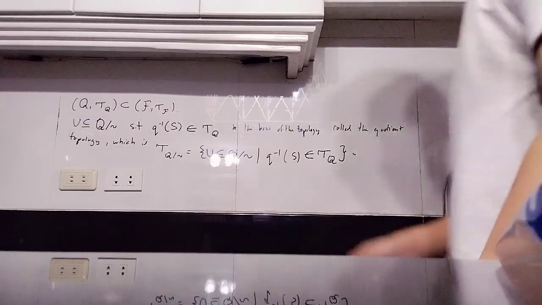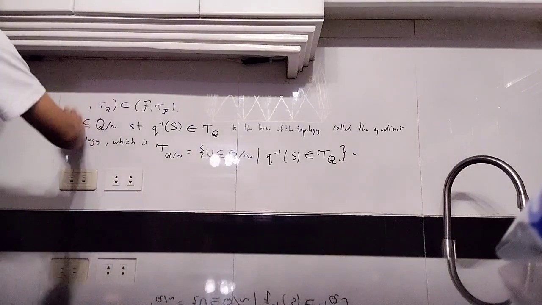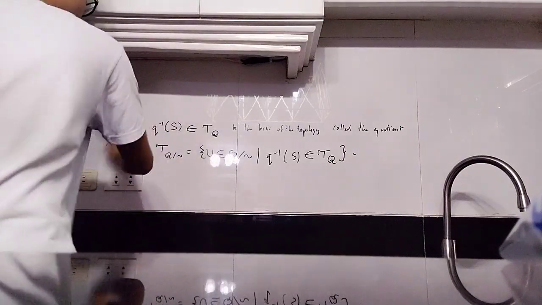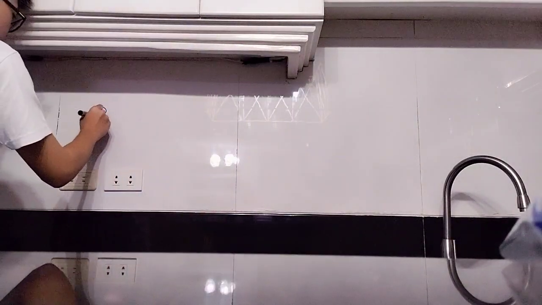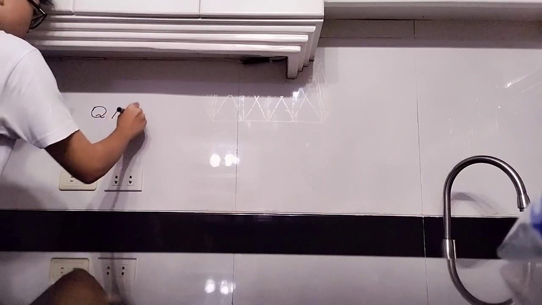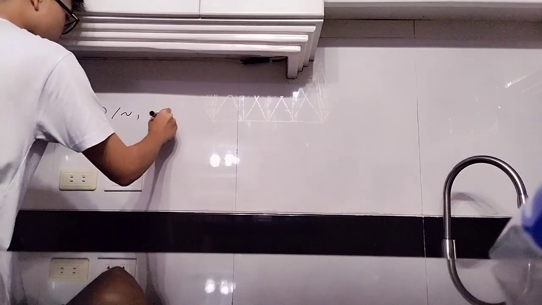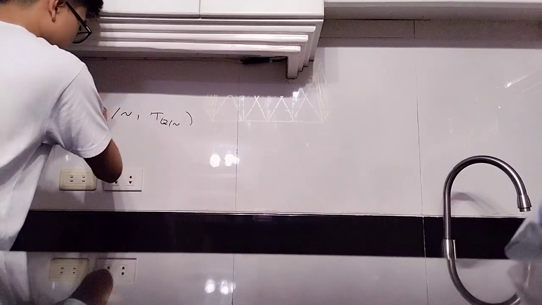Now what we have to do to complete the construction is to equip our Q, mod the equivalence relation, with this topology. And we're done.